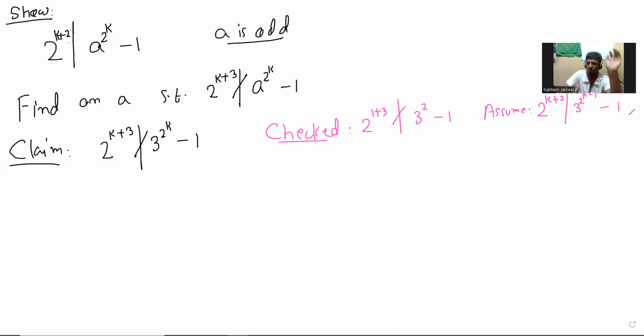I don't know if it will work, but... does not divide.